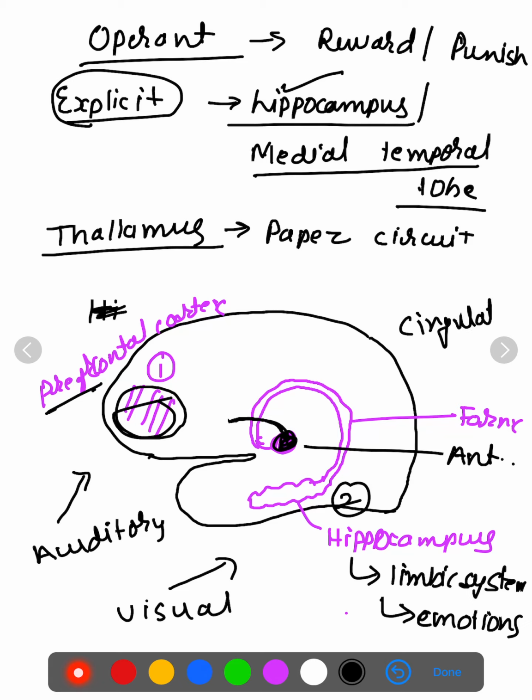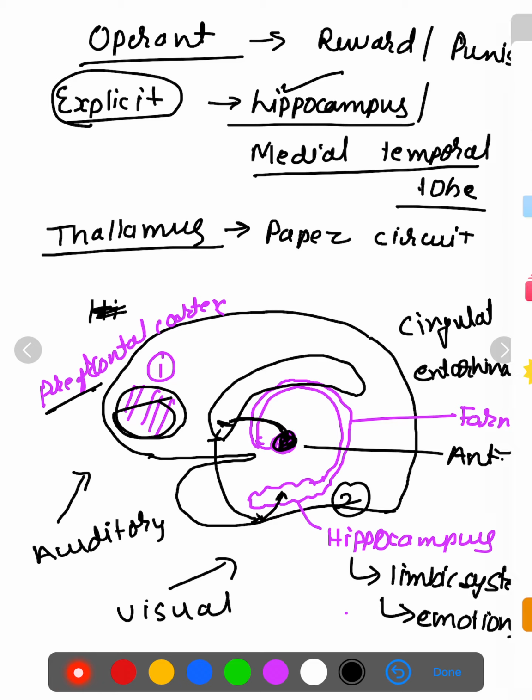From the cingulate gyrus it goes to the entorhinal cortex, and again it goes to the hippocampus. So that was the Papez circuit.